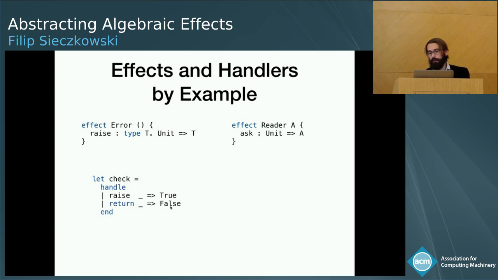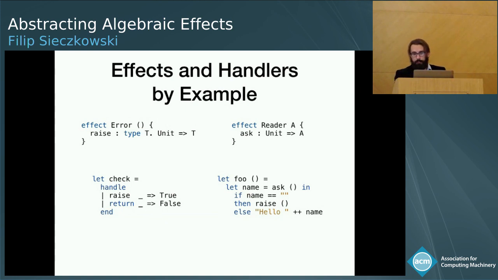And the crucial selling point of algebraic effects is the fact that they combine really well. So there's no issue in reusing reader and exception together in one program. They basically can coexist nicely without any issues.